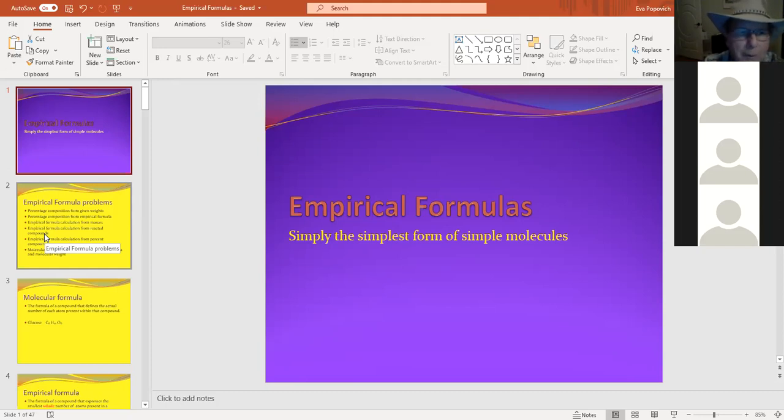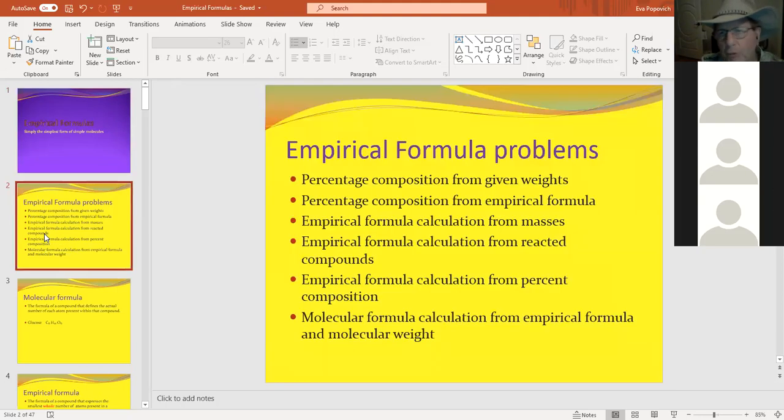So I'm going to go through a whole bunch of problems here, and I'll get into a second slideshow. We're going to learn about percent composition from given weights, percent composition from an empirical formula, empirical formula calculation from masses, empirical formula calculation from reacted compounds, from percent composition, and then how to do the molecular formula calculation when we know the empirical formula and the molecular weight.